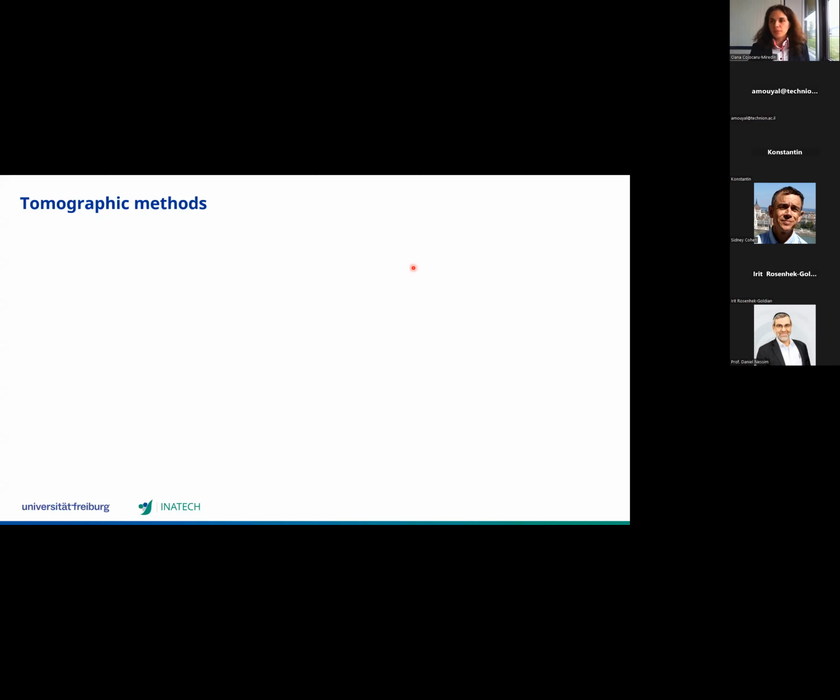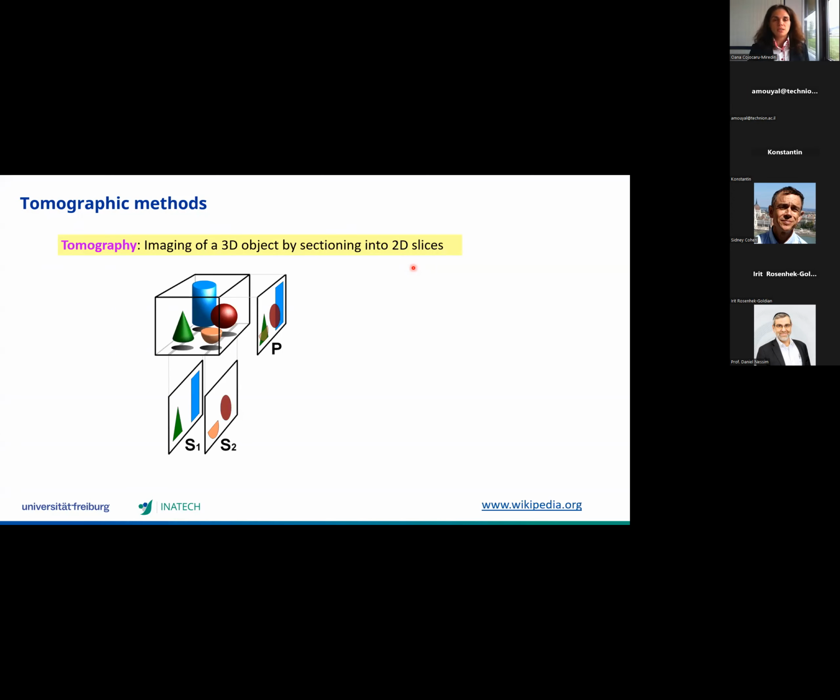As the name says, atom probe tomography is a tomographic method. It means that we can image a 3D object by sectioning it into 2D slices. You'll see later that in the atom probe tomography, we have atoms which arrive at a detector, which is a two-dimensional object.